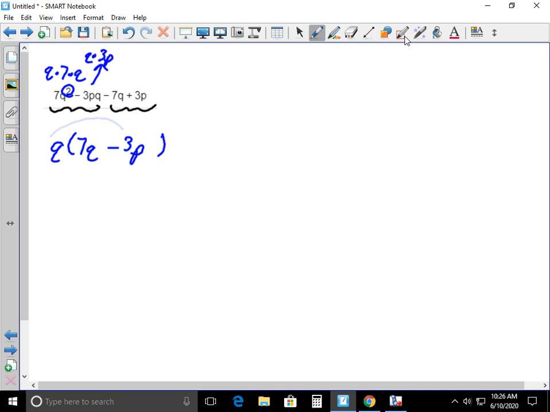Now if we look at the last two, those don't have anything in common. There's not a number that goes into both coefficients other than 1, and q and p are different letters. So our only common factor is a 1. And notice our first term is negative, and we mentioned a moment ago that we don't like our first term to be negative. So all we're going to pull out is a negative 1.